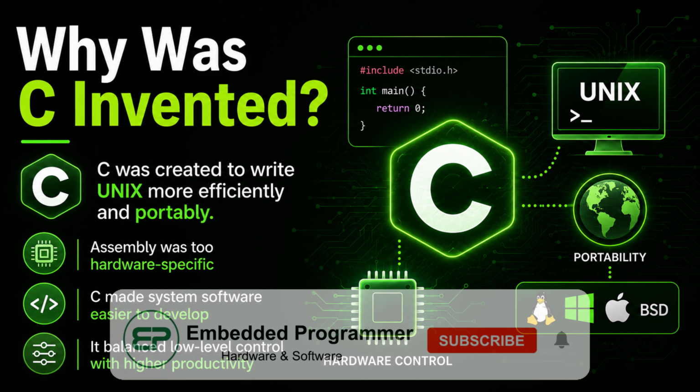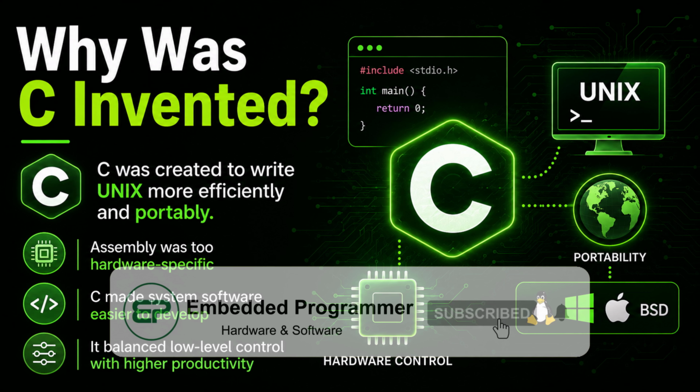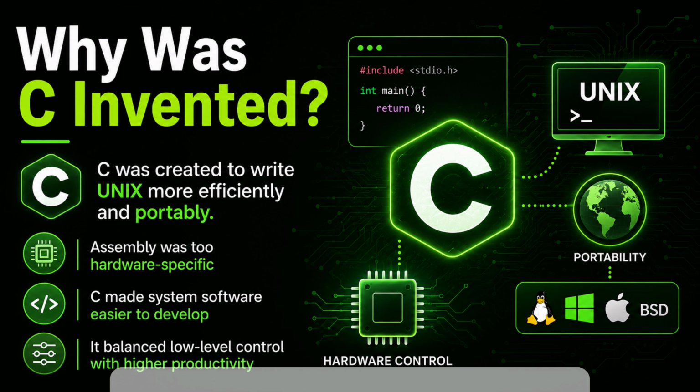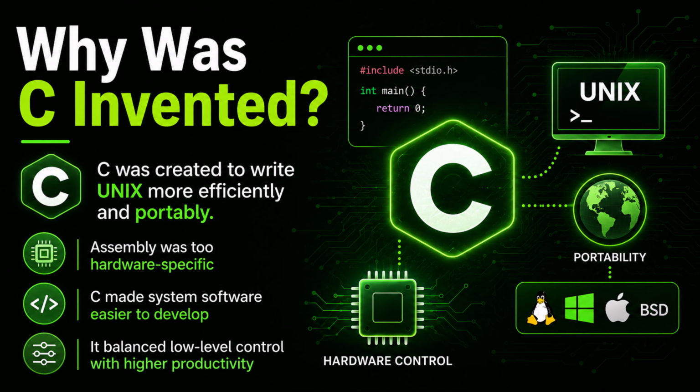C was invented because programmers needed a better way to build operating systems and system software. Before C, much of this work was done in assembly language. Assembly language gives full hardware control, but it is hard to write, hard to debug, and difficult to move between different machines. C solved this by giving programmers a balance. It was efficient like low-level programming, but more structured and portable like a high-level language.